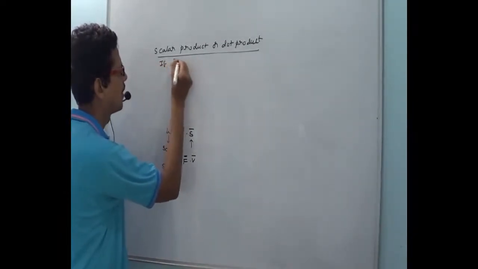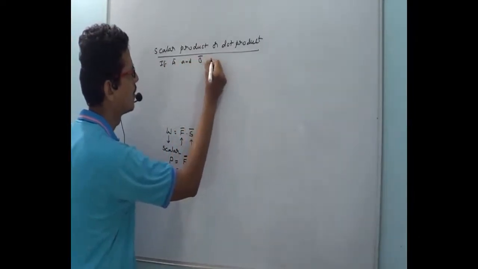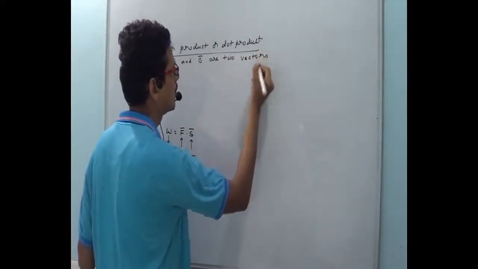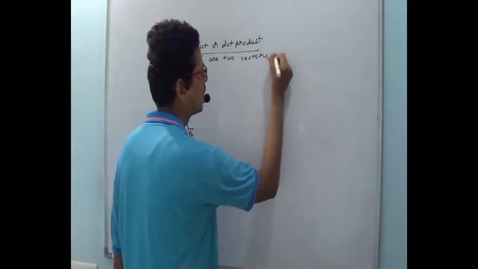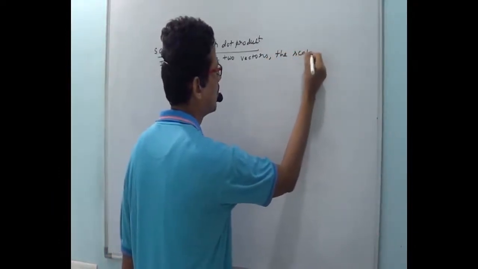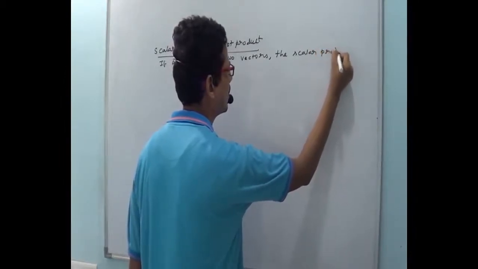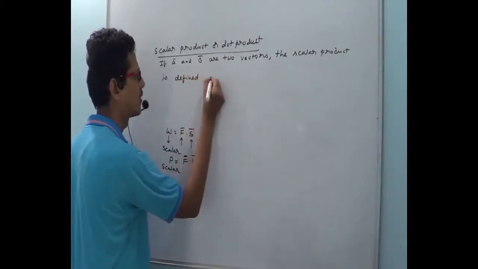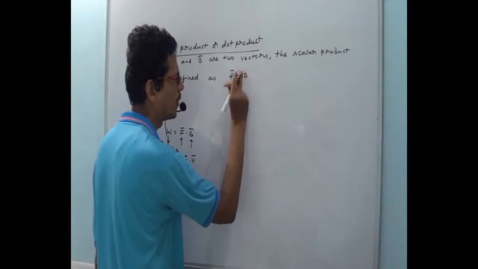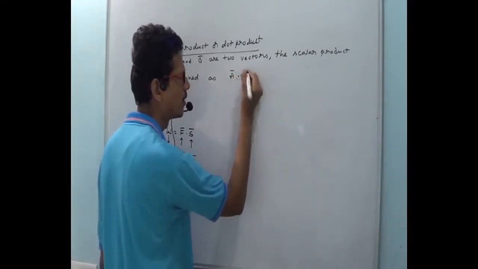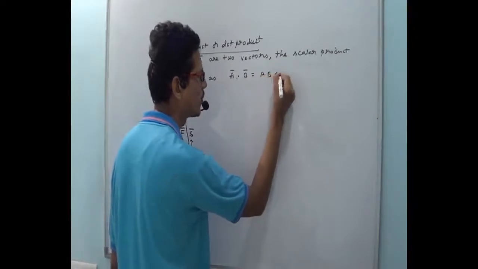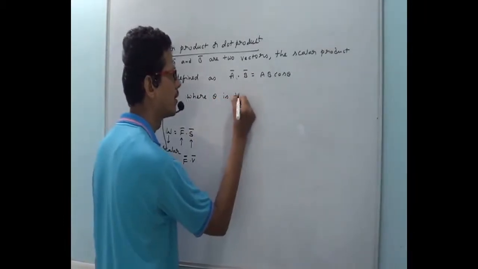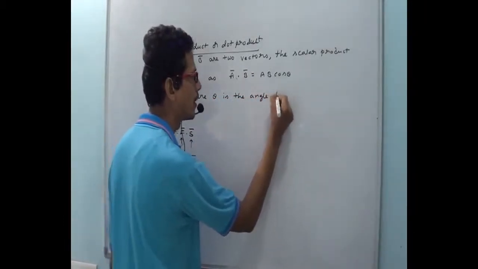So I define the scalar product like this. If A bar and B bar are the two vectors, and the scalar product or dot product is defined as, we write like this, A bar dot B bar, I will put a dot here, A bar dot B bar is equal to AB cos theta, where theta is the angle between A bar and B bar.